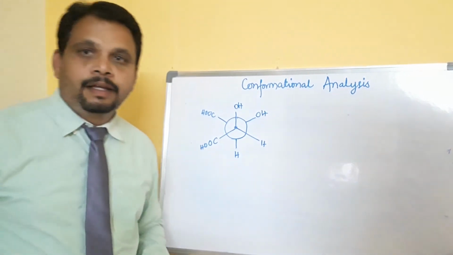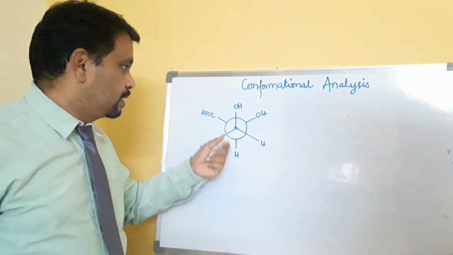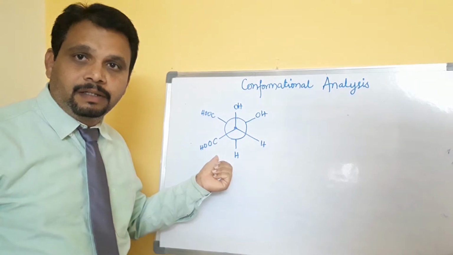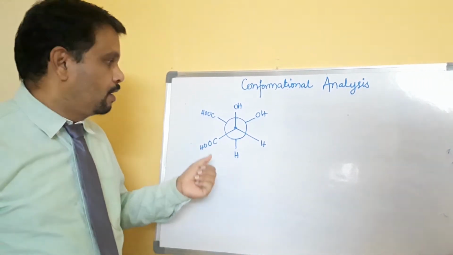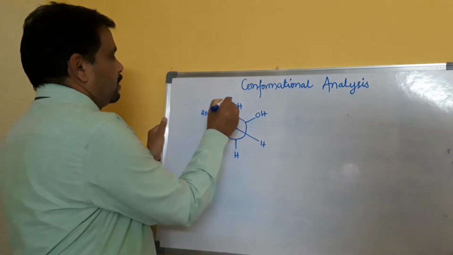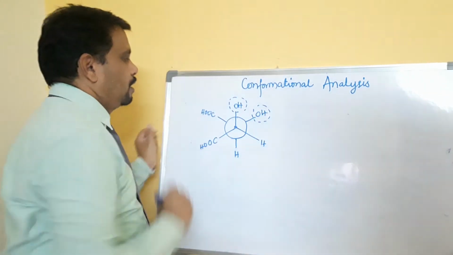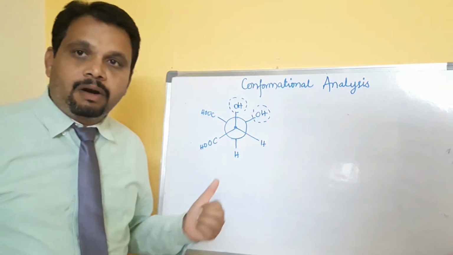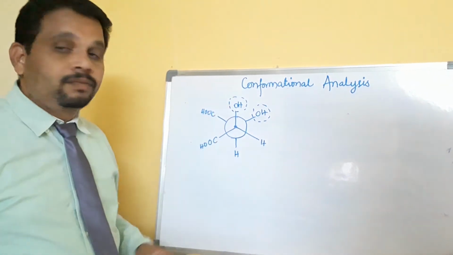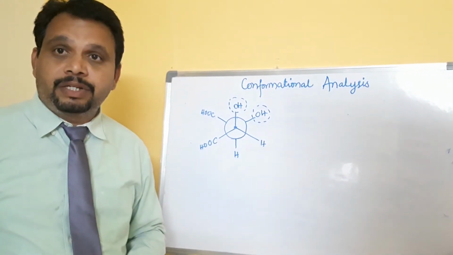Okay. So can you find out the top priority atoms or groups in this conformer? Obviously hydroxyl groups, right? This is and this is, because the oxygen atom gets more priority in this.